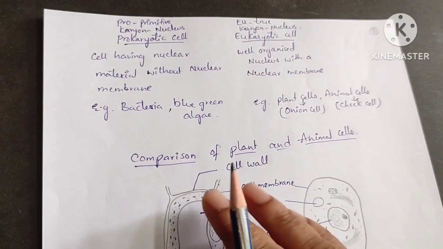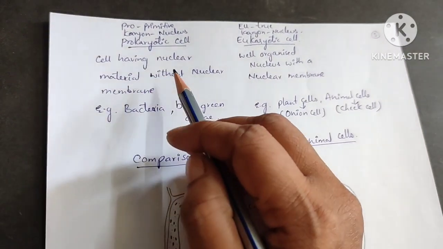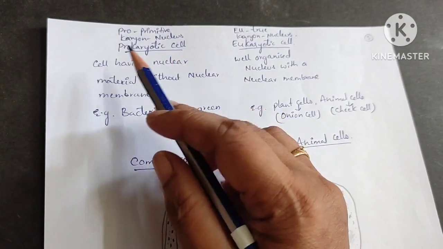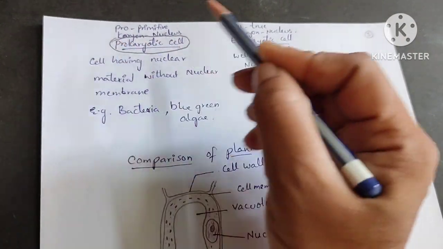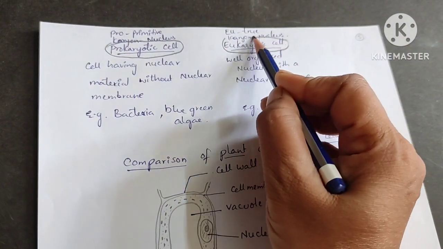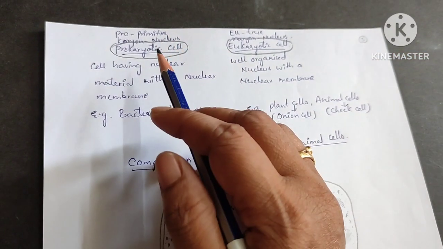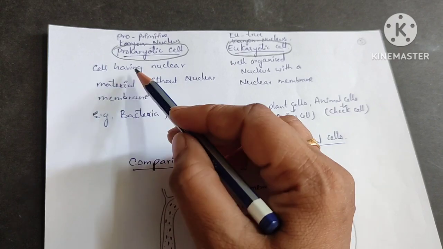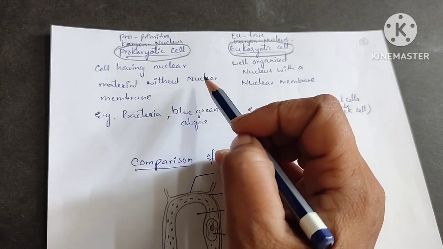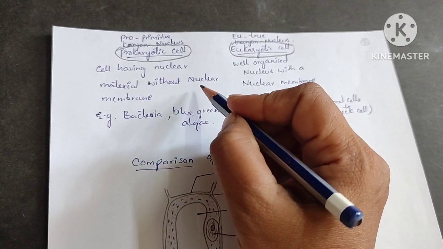Depending upon the presence of the nuclear membrane, cells are of two types: prokaryotic and eukaryotic cells.